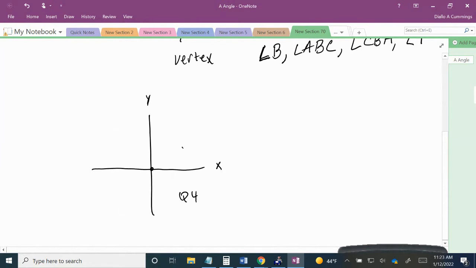All of our angles are understood to be in what's called standard position. For each angle, we have an initial side and a terminal side.